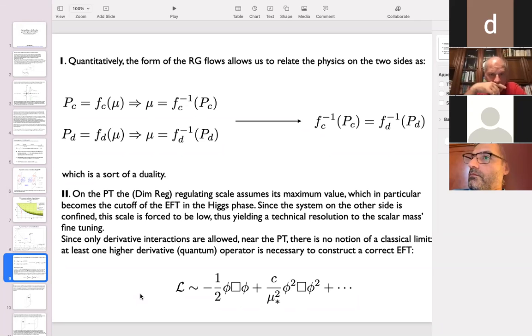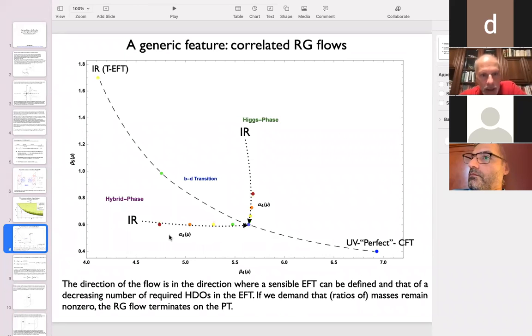Now, another very interesting property is that since the RG flow in the confined phase is an RG flow of a confined phase, we know its boundary conditions. We know the string tension, we know the value of lambda QCD, if you wish, for an SU(2) theory in 4 dimensions.